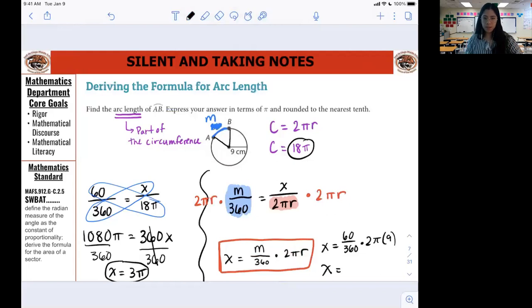So in your calculators, you can do 60 divided by 360, get that number times 2, and get that number times 9. What do we get? So 60 divided by 360, multiply it times 2, multiply it times 9. What do you get?